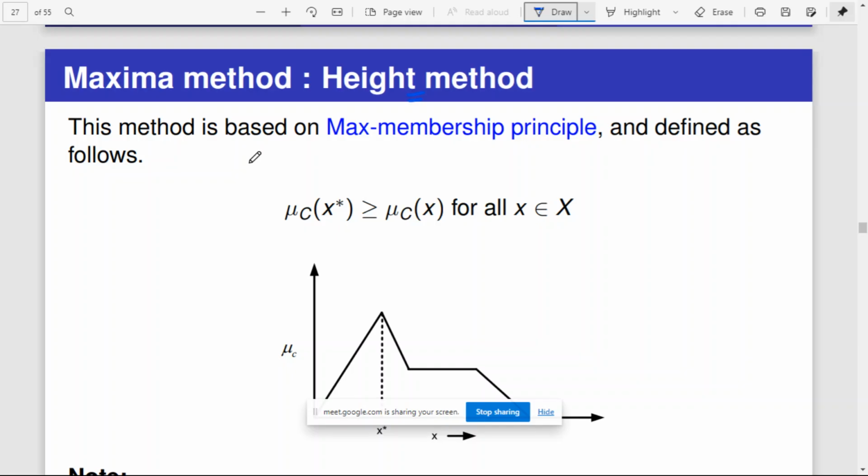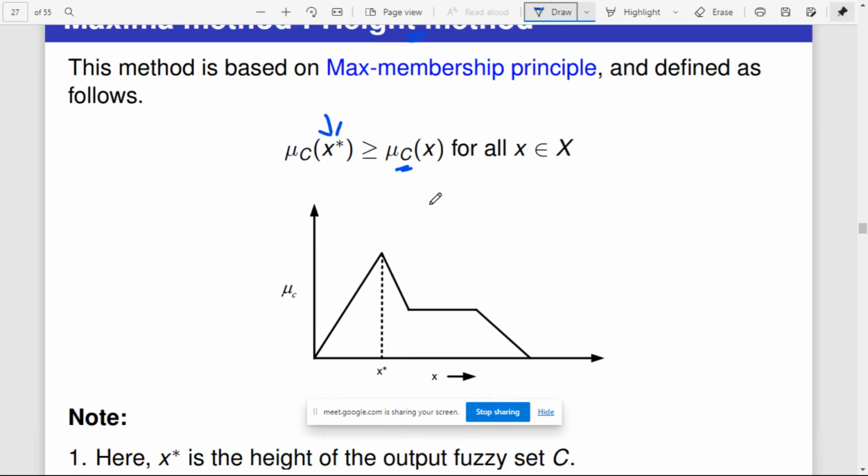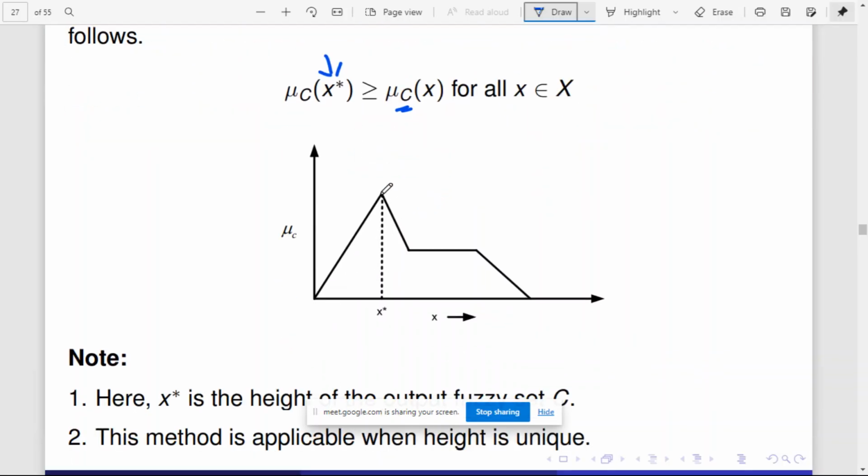What it says is that mu c of x star, where x star represents the defuzzified value or the crisp value, is the highest value of the membership function. Whatever value of x gives the highest membership value will be considered as the crisp value.